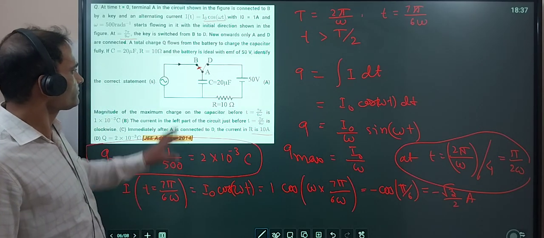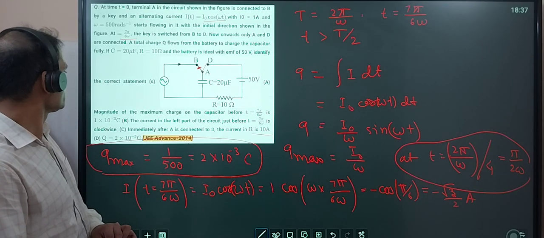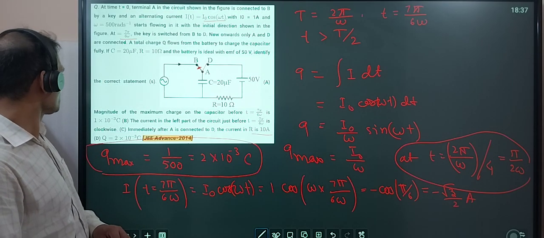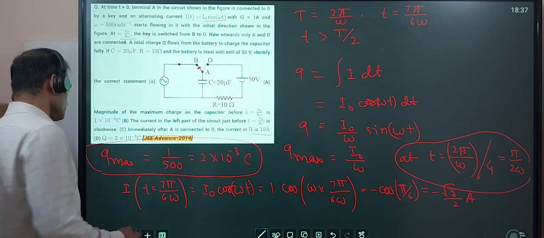Before doing it, let us find the charge on the capacitor. Did we find the charge on the capacitor already? No, we did not.